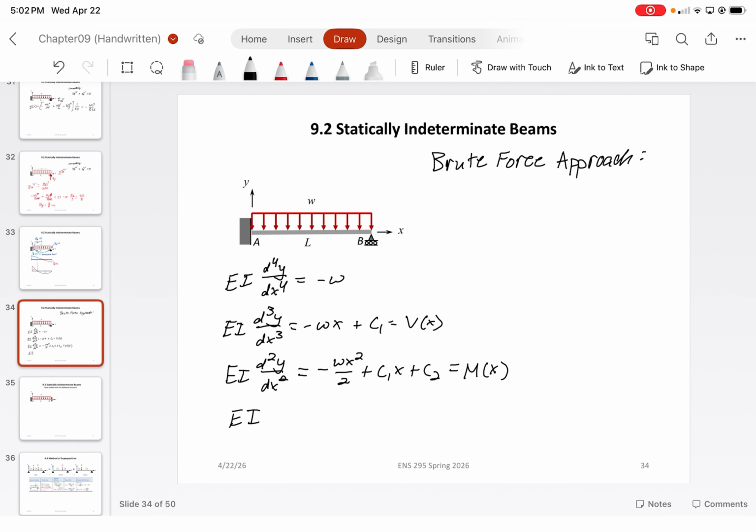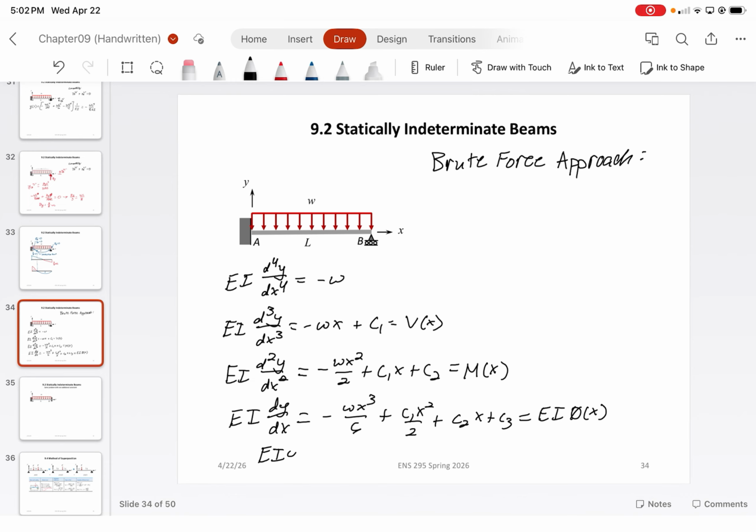Expanding further, EI dy over dx is going to give us negative w x cubed over 6 plus c1 x squared over 2 plus C2x plus C3. And we know that that is equal to the slope equation, EI theta of x.